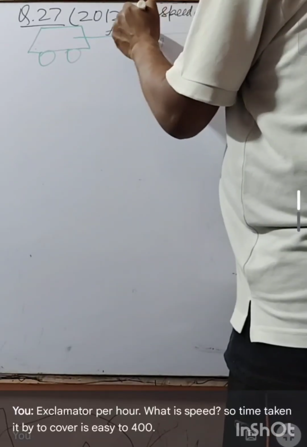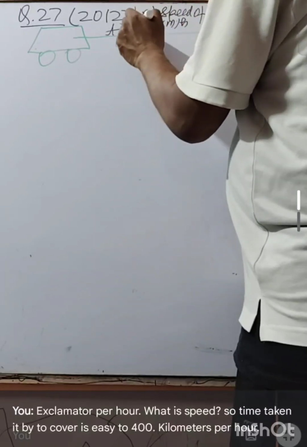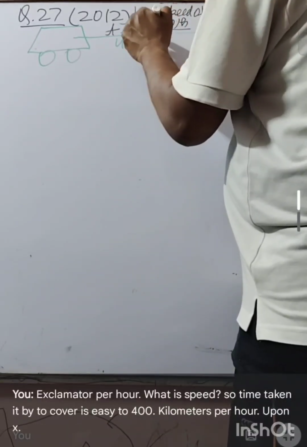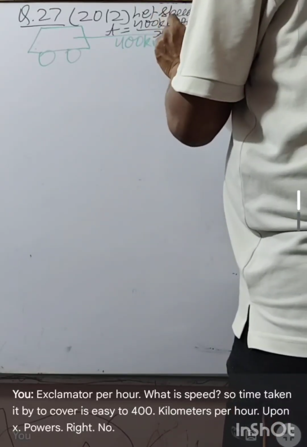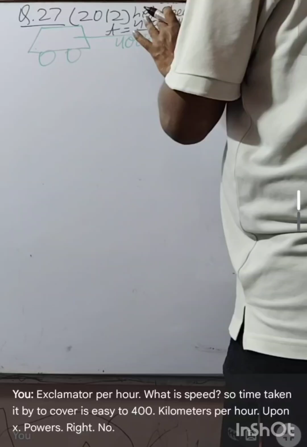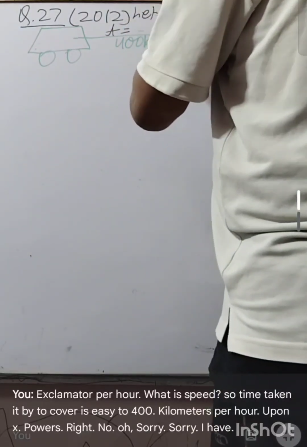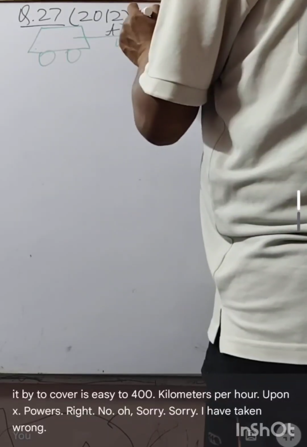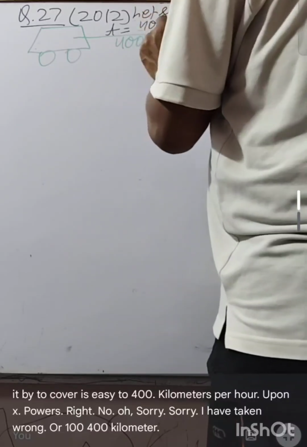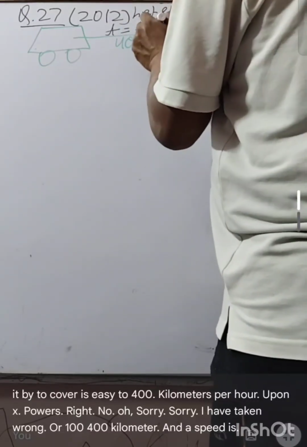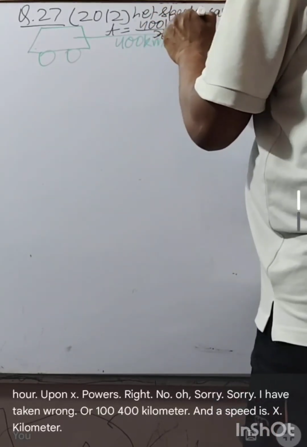400 kilometer per hour upon x hours, right? No, sorry, I have taken wrong. 400 kilometer and speed is x kilometer per hour.